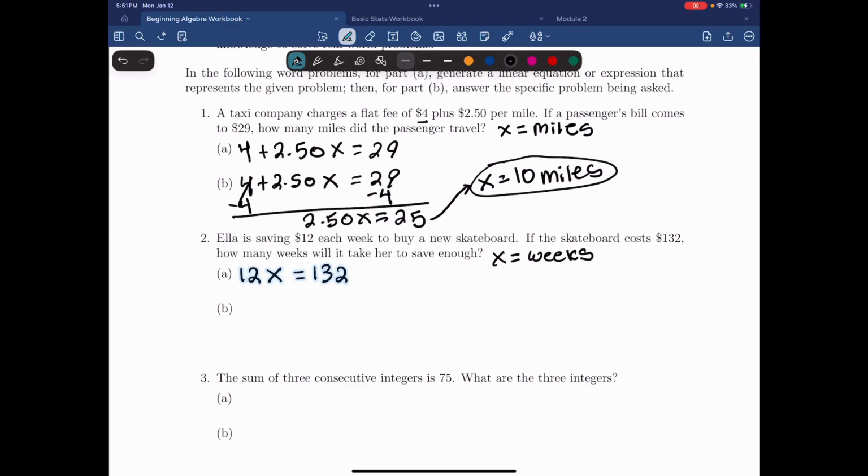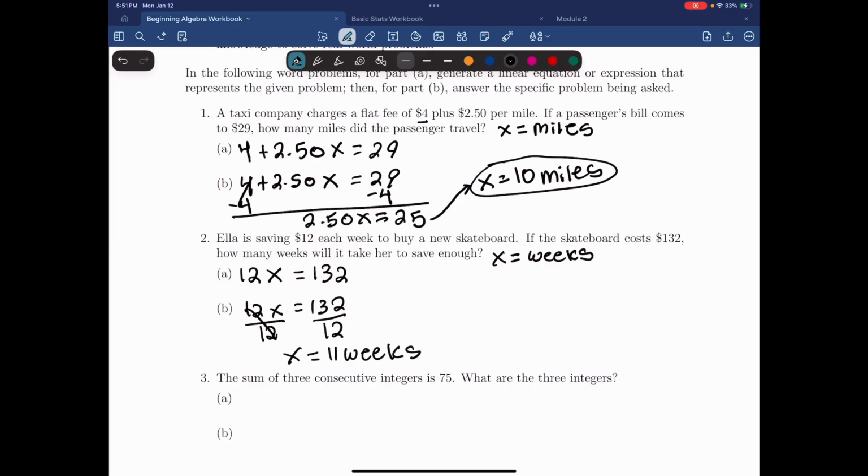So that's our linear equation. Let's solve for x. So to solve for x, we're going to divide both sides by 12. And 132 divided by 12 is 11. So we get x equals 11 weeks. So that's our final answer.